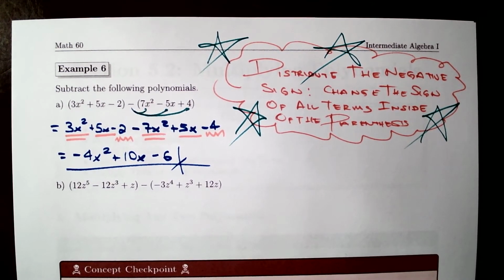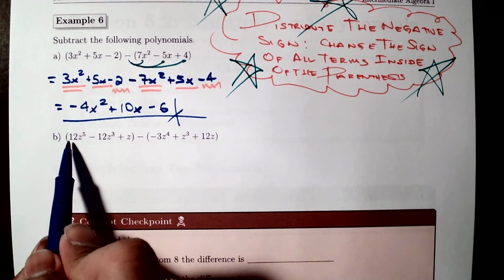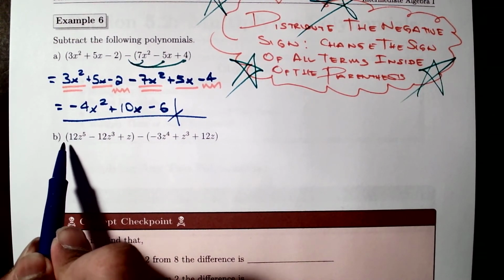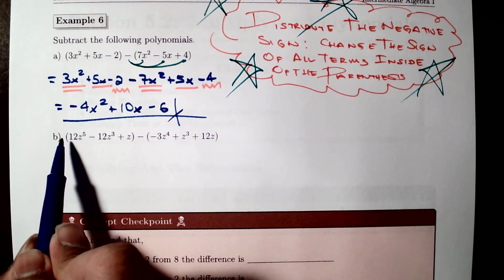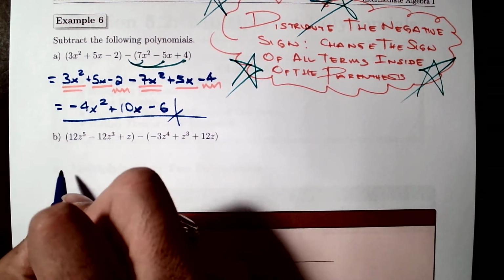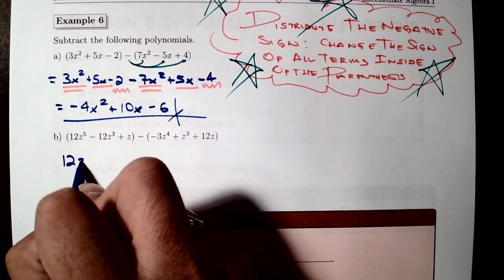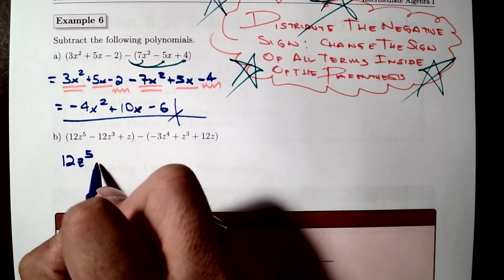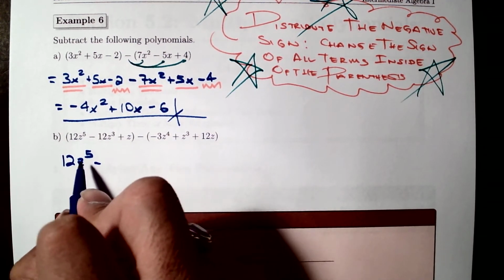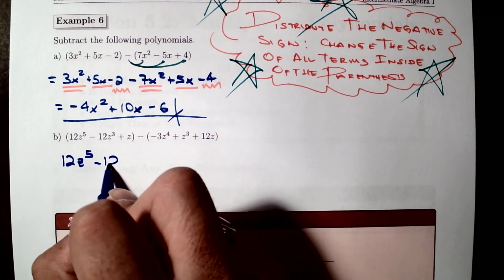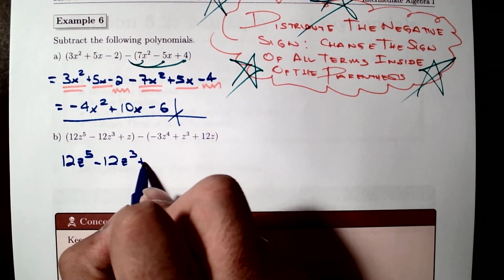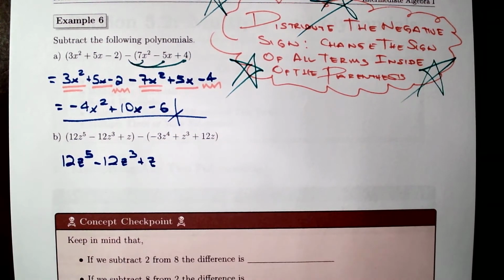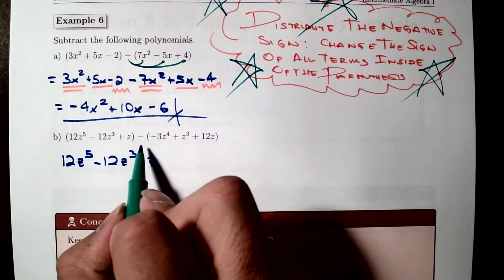Let's do the same for the next example. So notice the first group of terms inside of parentheses have nothing in front. That means we can simply rewrite it without parentheses. But it's not going to be the same case for the second group because we have a negative.